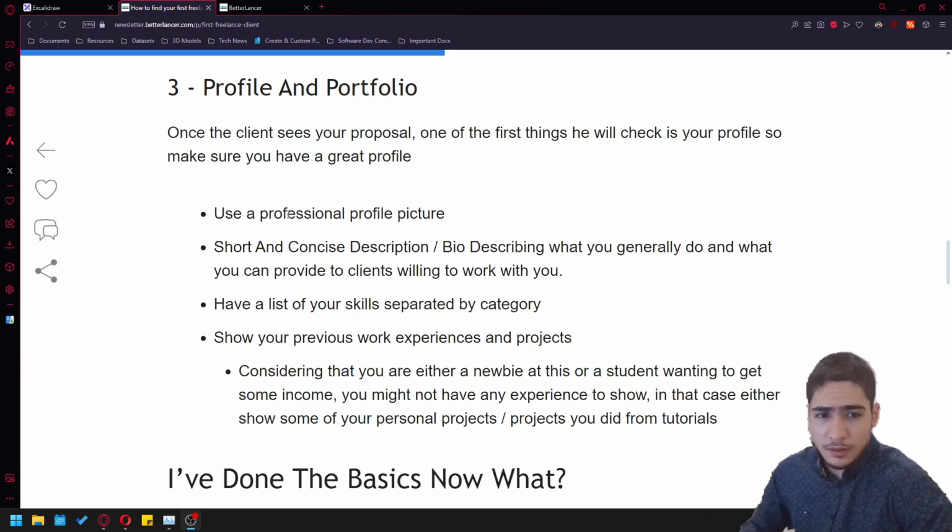So you need to have these four things down. The first paragraph of your profile should be super interesting and get to the point. Talks about what you can do for clients in general.